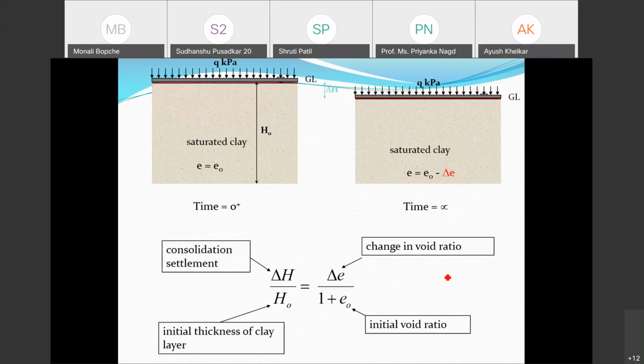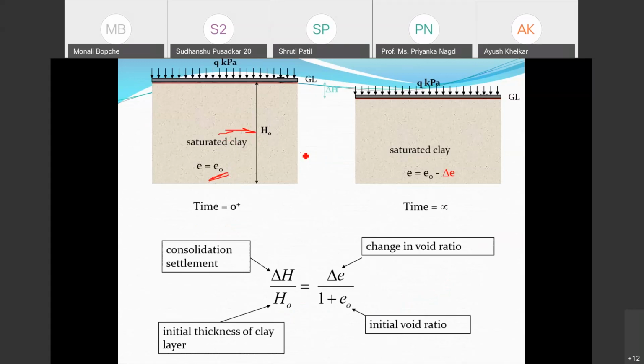Again, I am putting the same thing in a different shape. This soil, which is subjected to Q load, has an original thickness H0 and original void ratio e0.